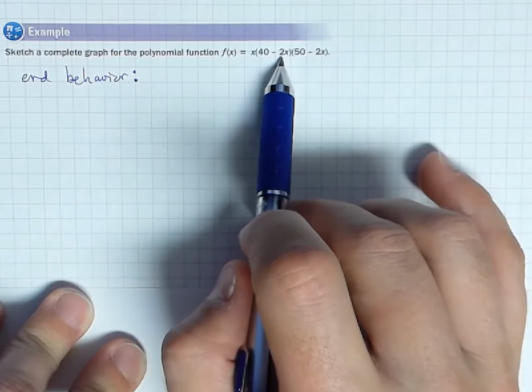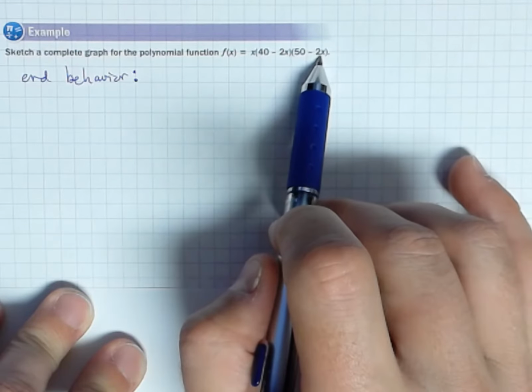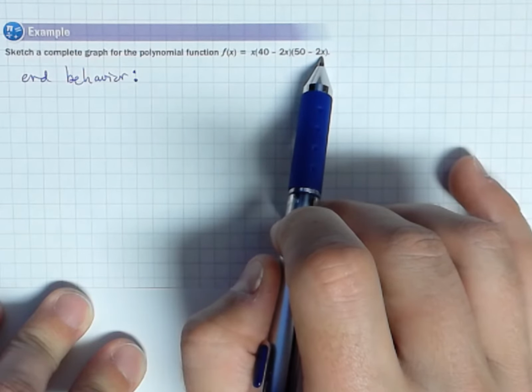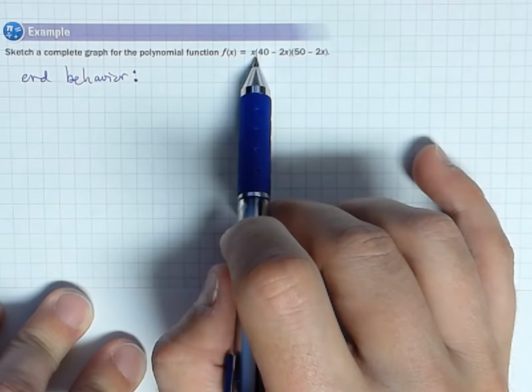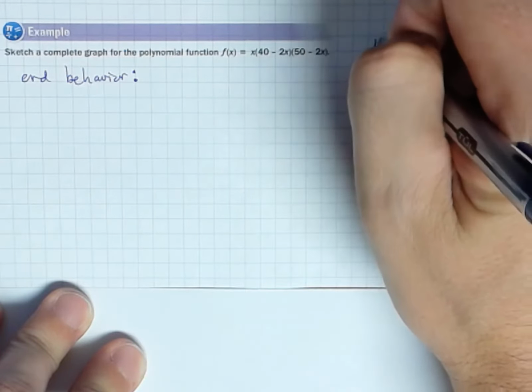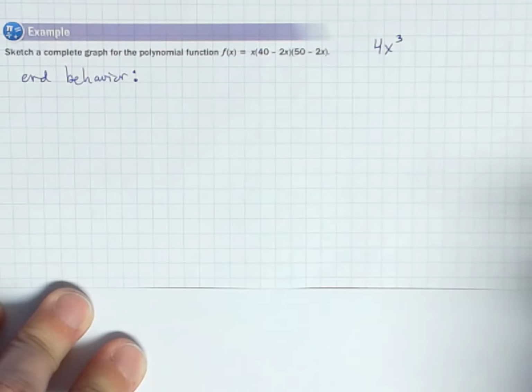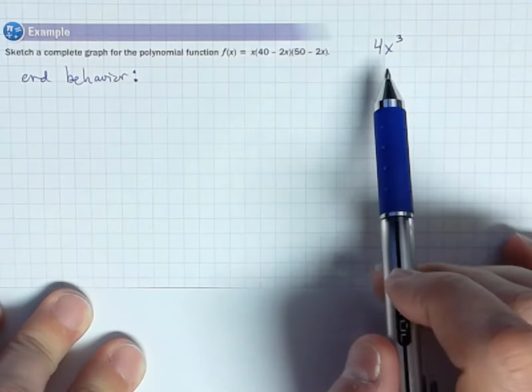So if I did negative 2x times negative 2x, that would make 4x squared, times x would be 4x cubed. So 4x cubed would be the leading term, and that's all I need to know to determine end behavior.